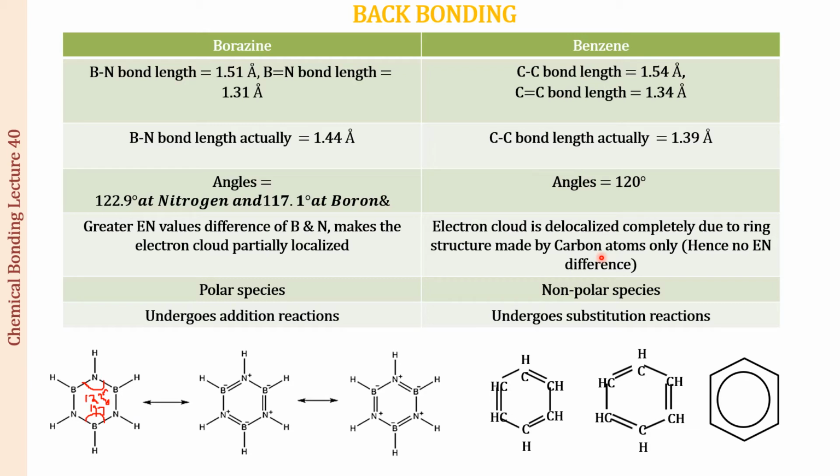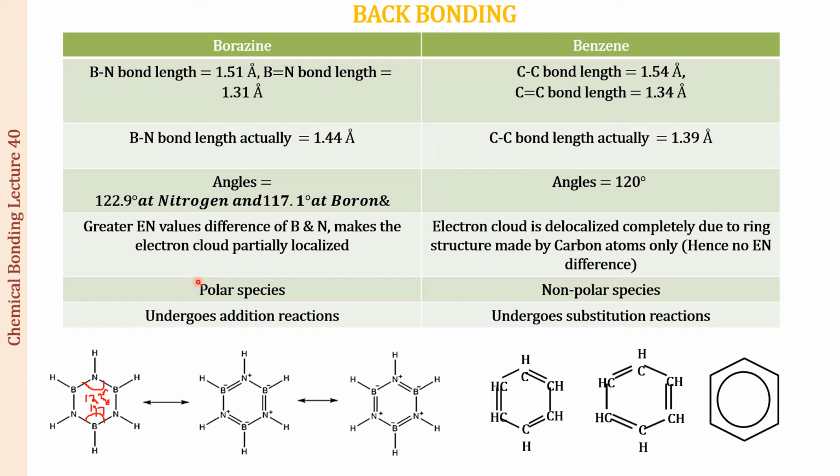So there is no electronegativity difference between the atoms forming the ring. Therefore, the electron cloud is completely delocalized over the ring. In borazine it is partially delocalized, whereas in benzene it is completely delocalized.